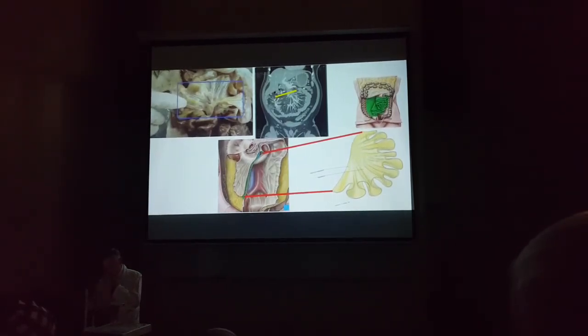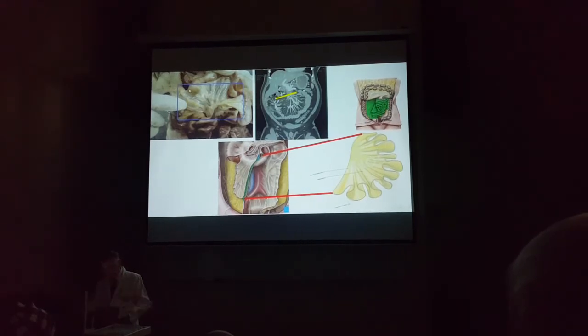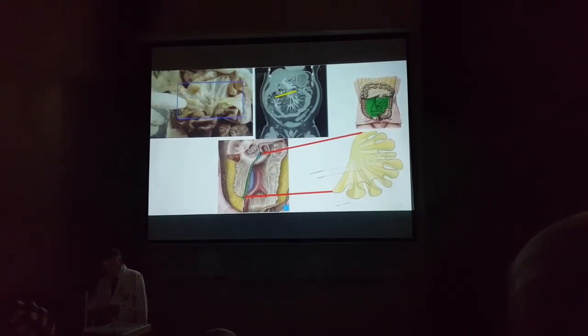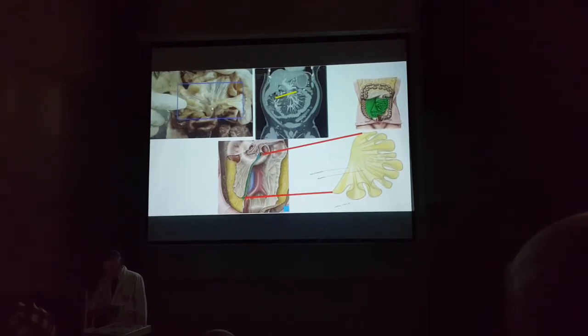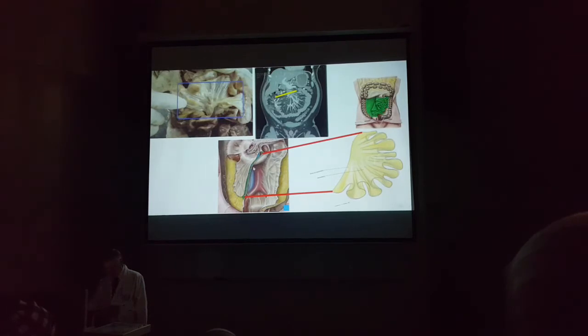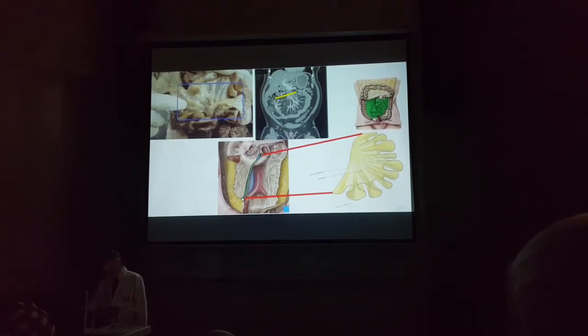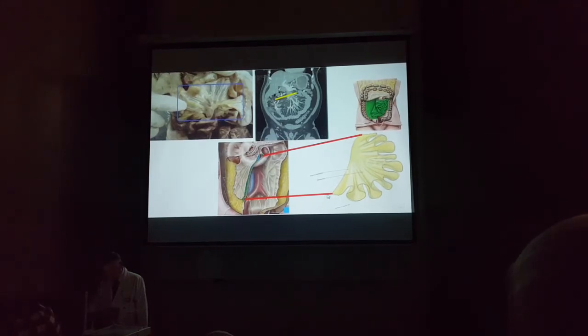The small intestine here, held by the hand, and you can see this is the mesentery of the small intestine. It has a root. This is the root of the small intestine, and then follow the red lines.